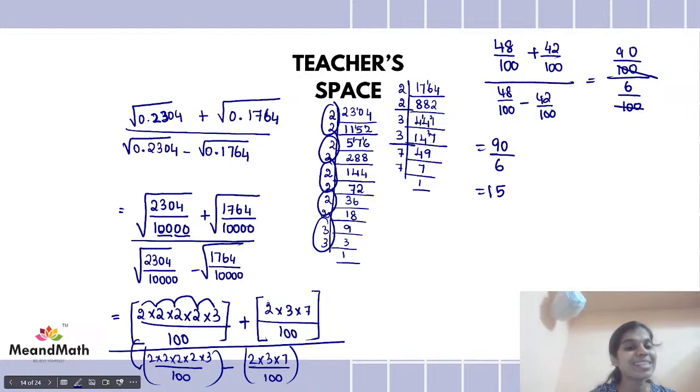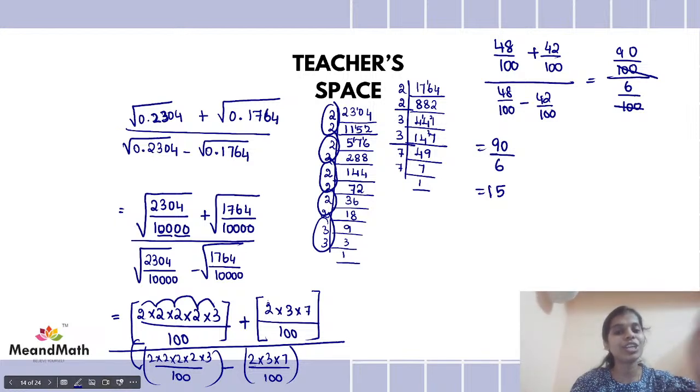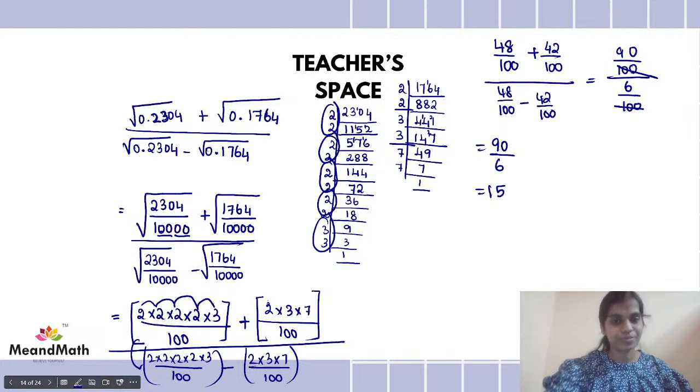Any doubts? Once we rewrite the decimal as a fraction, you will be a bit more confident. Once we rewrite the decimals as fractions by removing the square root, it will be much easier than you think. Okay, my dear ones. Any doubts so far?